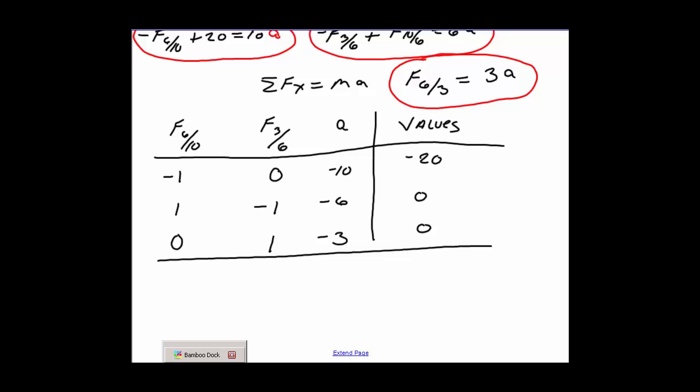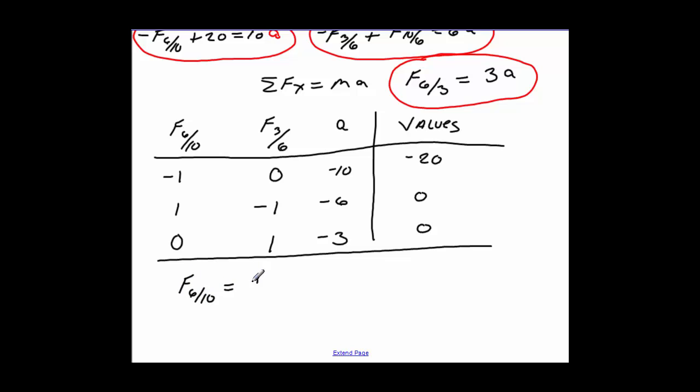All right. So I'll put these in real quick on my calculator. We'll run the numbers, and we should be good to go. Matrices, I go to math.